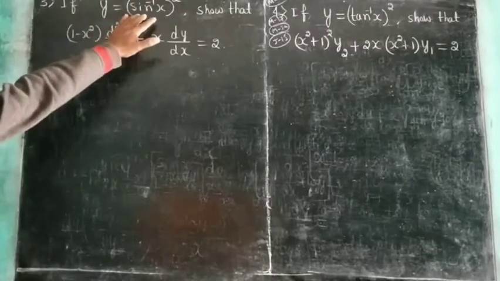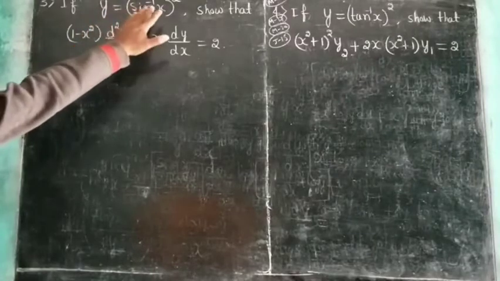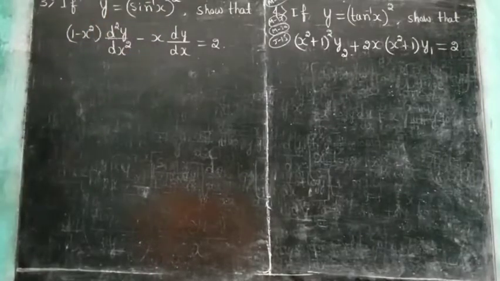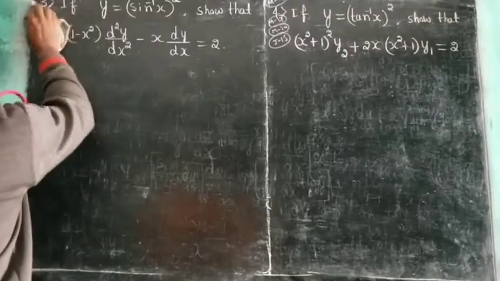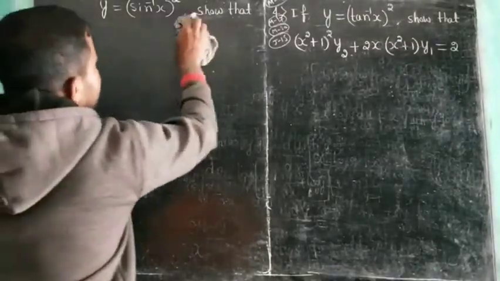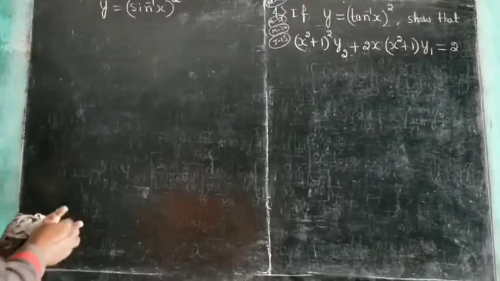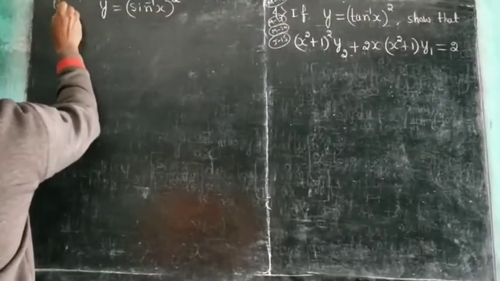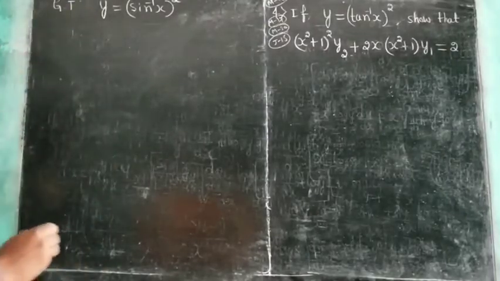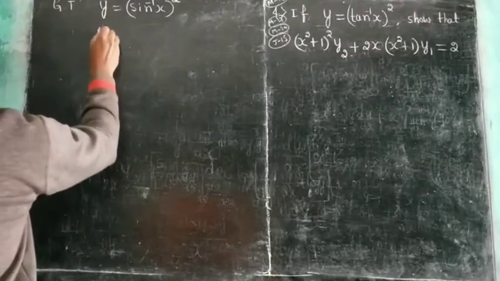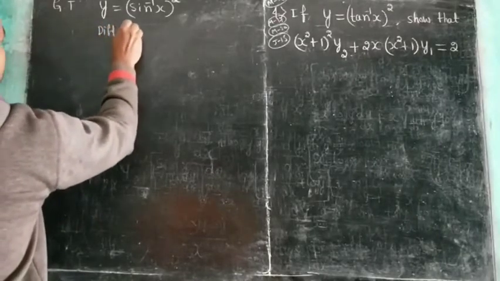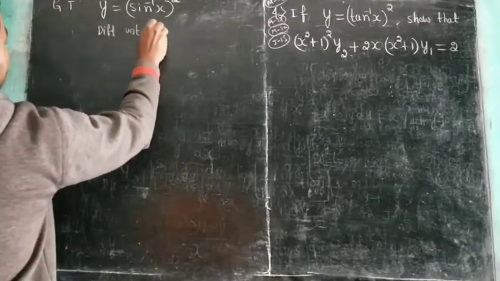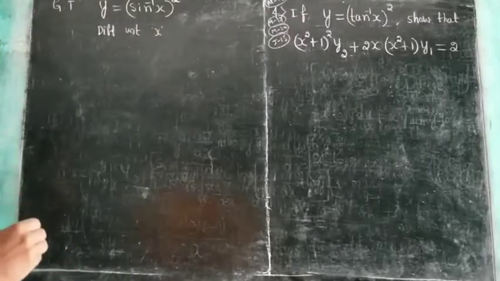But in this problem y is equal to sin inverse x whole square. So first we have to take the given equation, that is y is equal to sin inverse of x whole square, and then differentiate with respect to x.